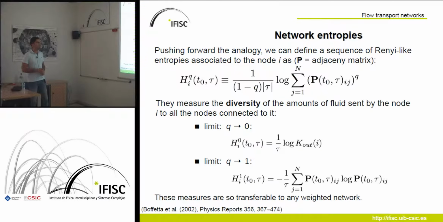This diversity is weighted in a different way depending on this parameter q. For example, if you take the limit for q going to 0, we find again the logarithm of the degree. In this case, we are not weighting the links at all, we are only counting them. But if you take the limit for q going to 1, we find this other object, that is basically the Shannon entropy.